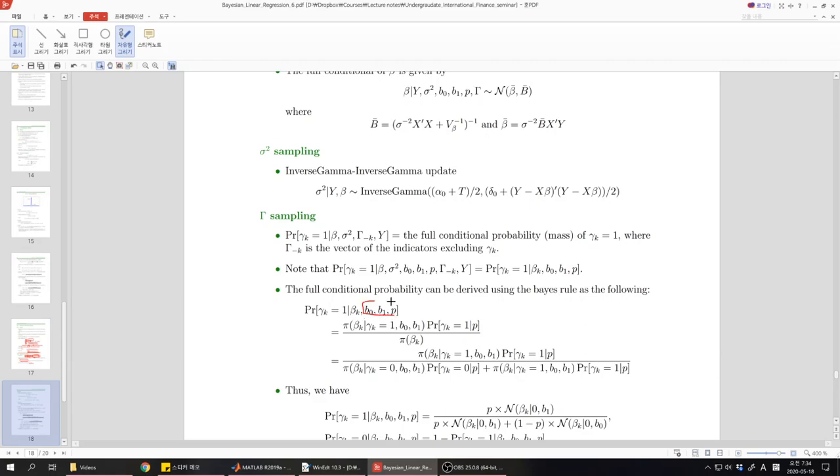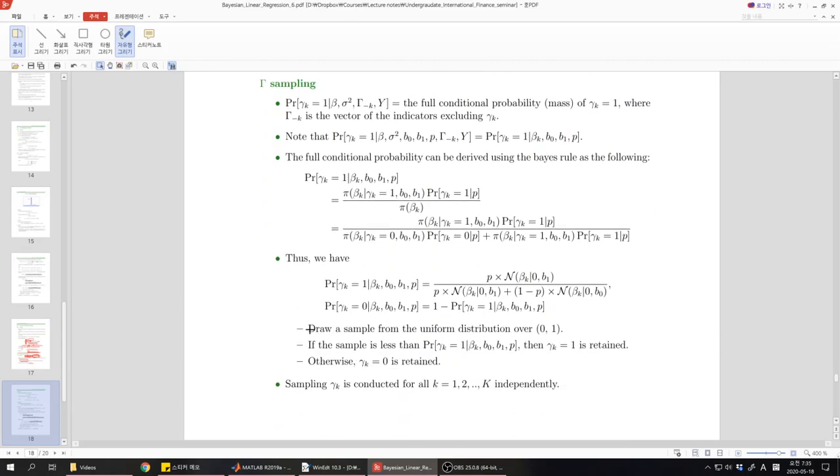Previously b0, b1, and p were not random variables. Now these parameters are random variables, and they are changing across the iterations, right?